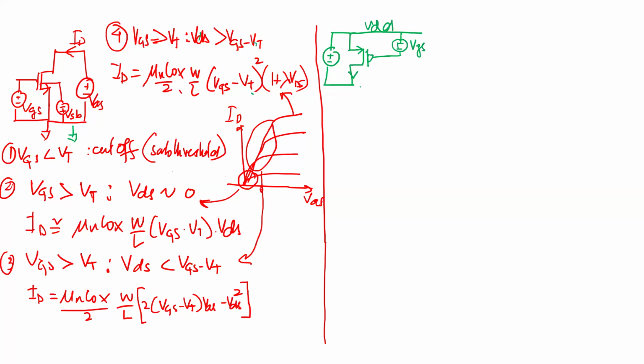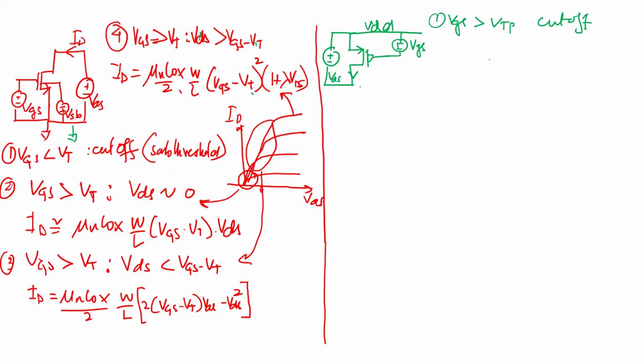Okay, so that's VDS. All right. So if you want to preserve the sign, then the condition here would be VGS greater than VTP is cut off, because VTP is a negative number and VGS is a negative number. So you take two negatives, then it has to be greater than that.